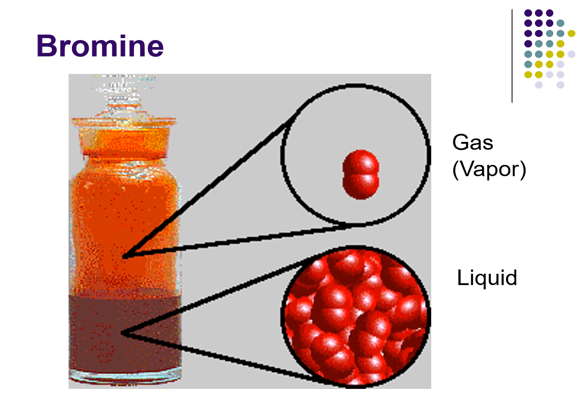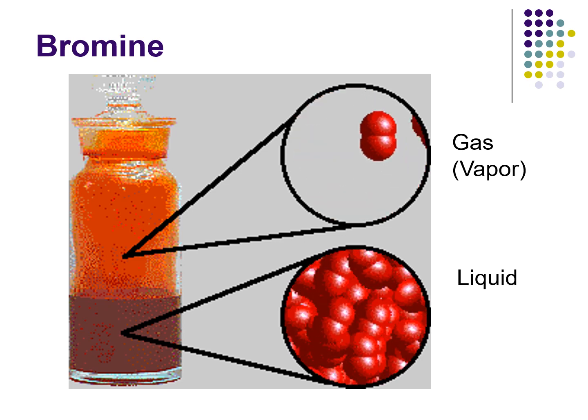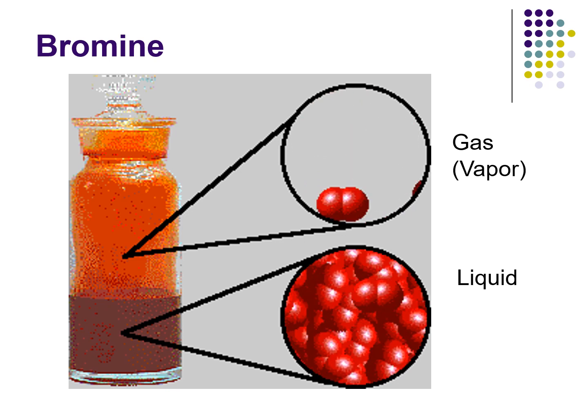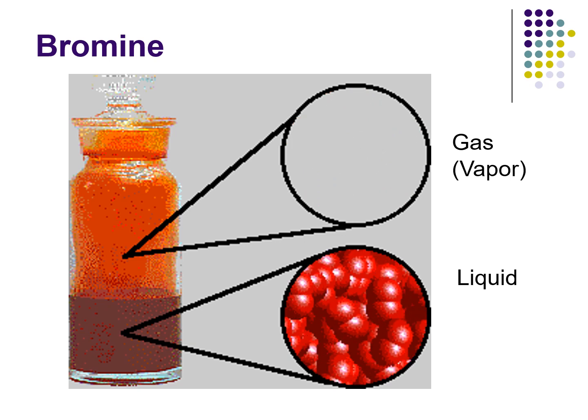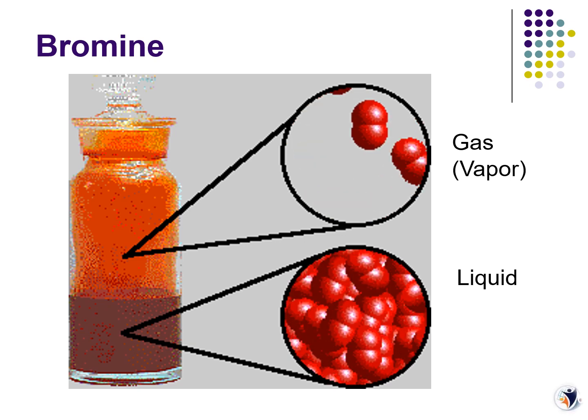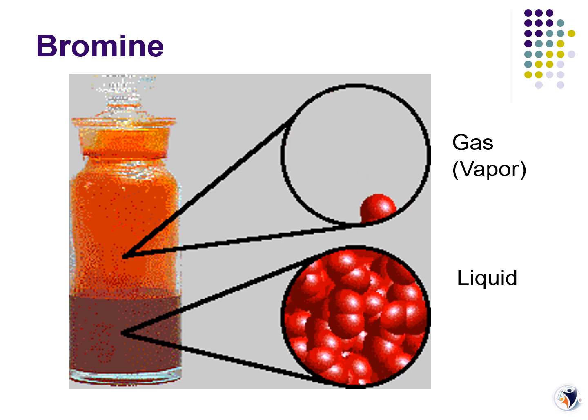So the gaseous particles are moving very randomly. This is the arrangement of the particles inside the substance. So solid is tightly packed, liquid is somewhat loosely packed, and gaseous particles are very free.